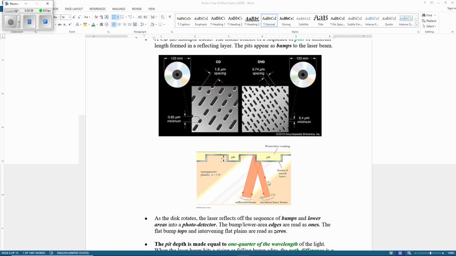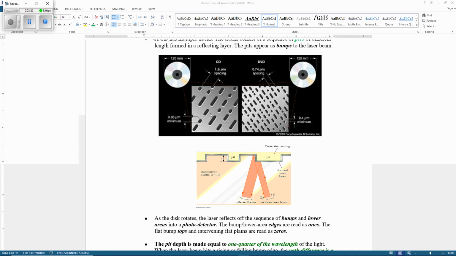Okay, and when the light has this kind of destructive interference, we read it as 1. When the light is over here, both from the flat surface, they have the same phase, then we have constructive interference, and we read it as 0.